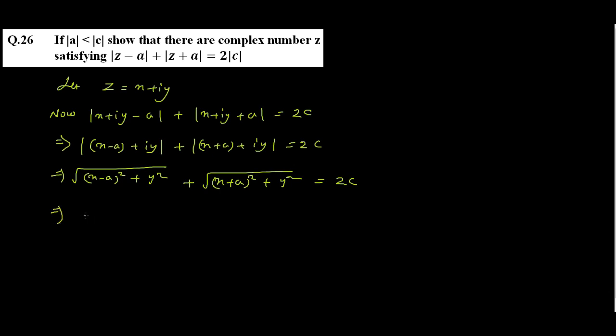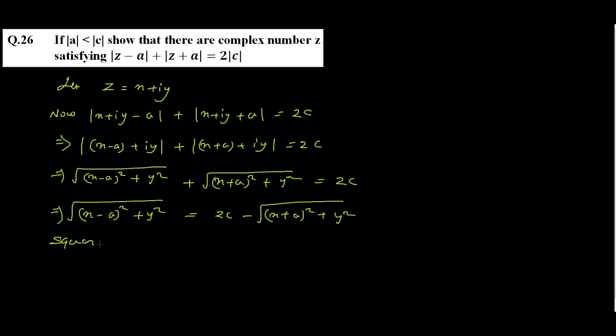Now let me rewrite square root of x minus a whole square plus y square is equal to 2c minus square root of x plus a whole square plus y square. Now square both the sides.